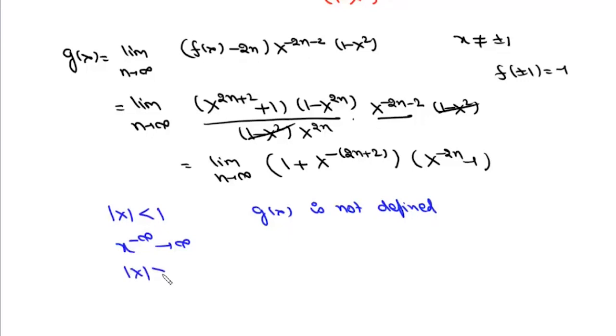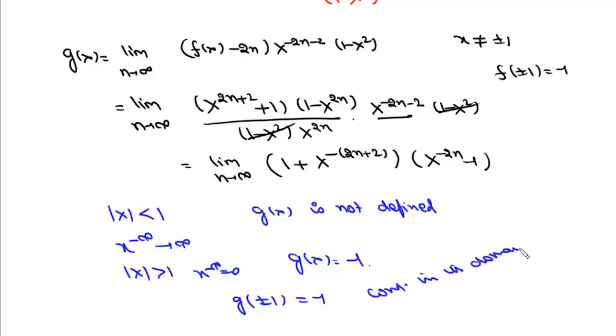Now when mod x is greater than 1, in that case x to the power minus infinity will be 0. Then this g(x) will be simply 1 into minus 1, and that is minus 1. And it is given that g of plus or minus 1 is minus 1. So basically this g(x) is a constant function in its domain and therefore it is continuous in its domain.